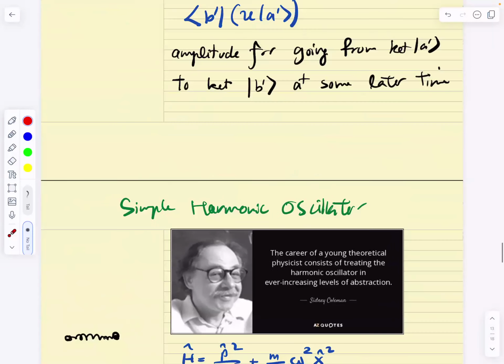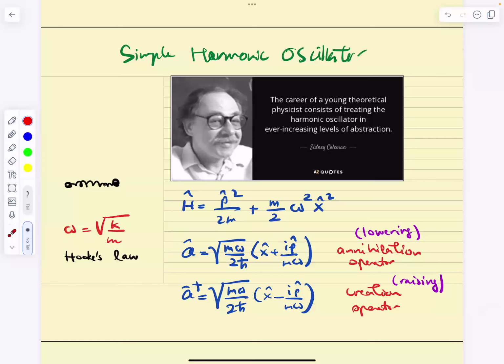All right. So in the remaining 20 minutes, I want to change gears. We talked about a free particle first, then we added a potential term and we proved the Ehrenfest theorem, which was the statement that the expectation value of an observable for a quantum particle follows the classical trajectory.